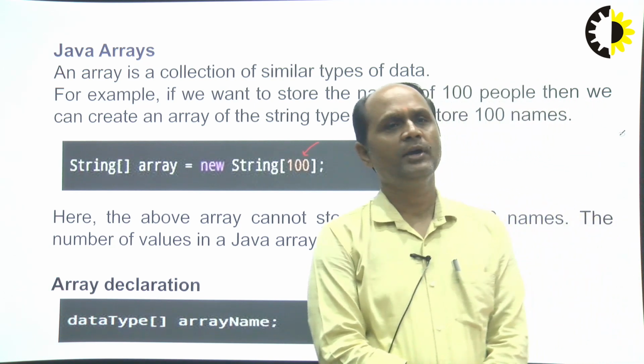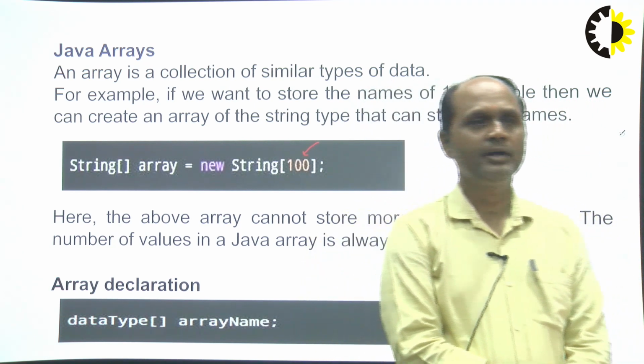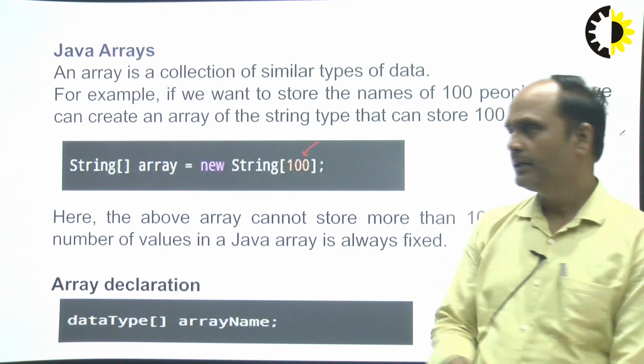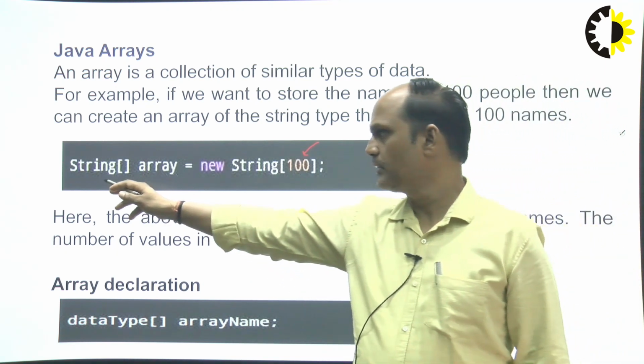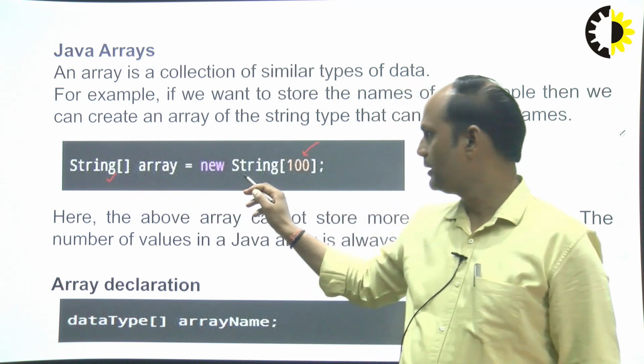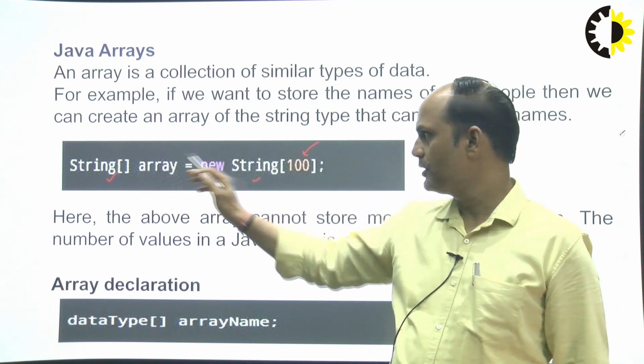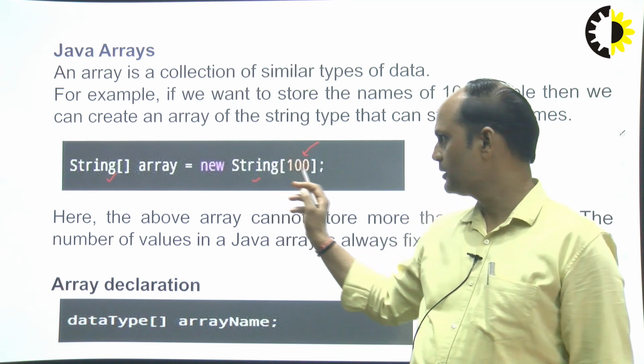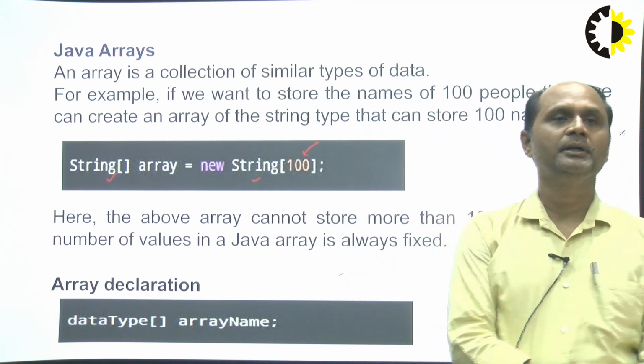So we can define the size of the array, and it is the basic syntax, that is defining the data type: String array, new String and the size of that data type.